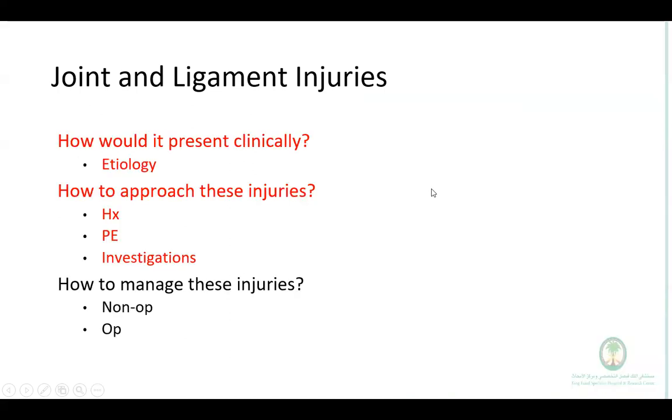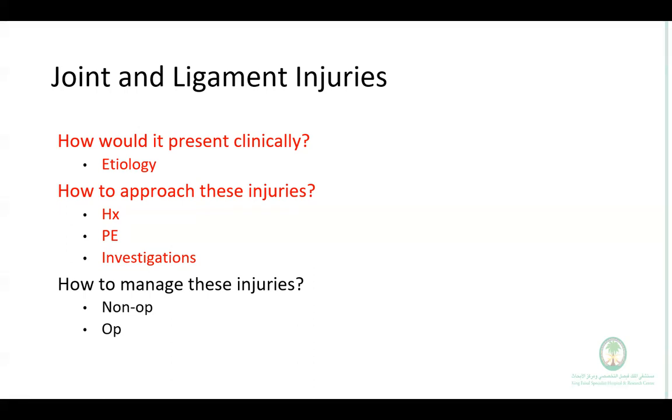Alrighty. So before I talk about each joint specifically, how would they present? Most of the time when I have a joint or ligamentous injury, the etiology most commonly will be trauma. But if, for example, I have arthritis, it will not present as an injury but rather as gradual pain, because it's a degenerative process.